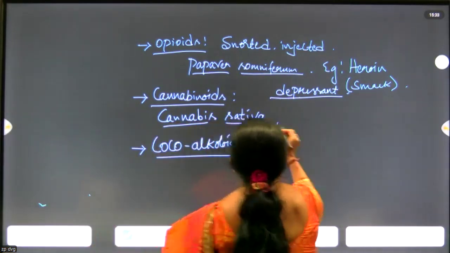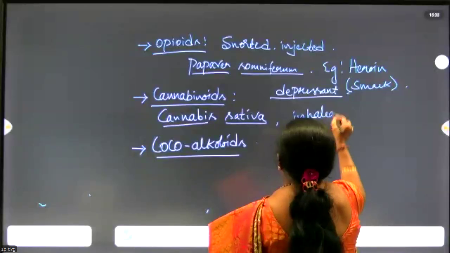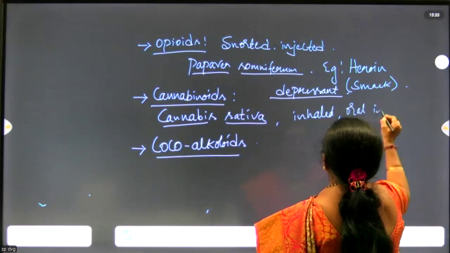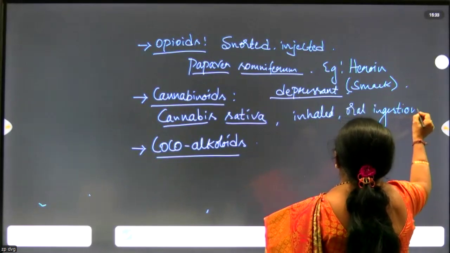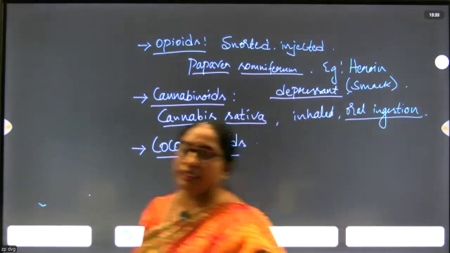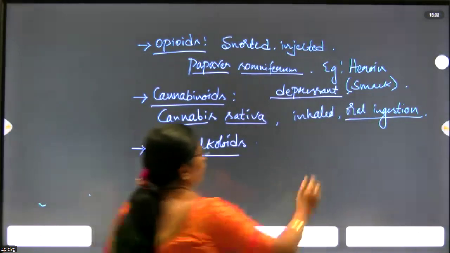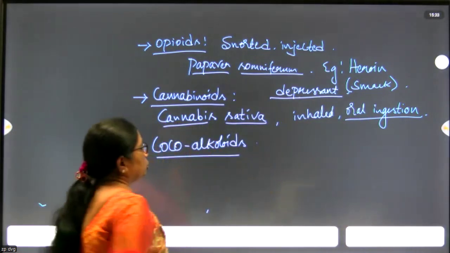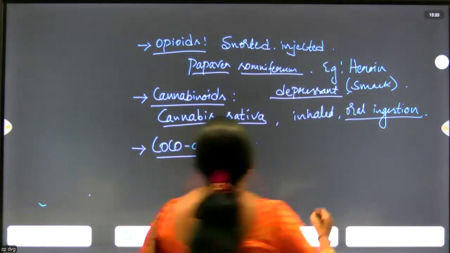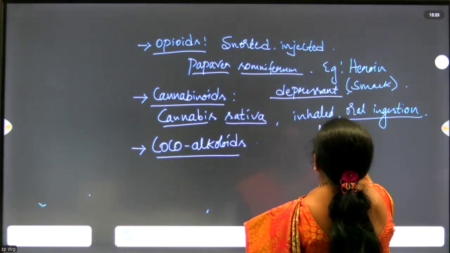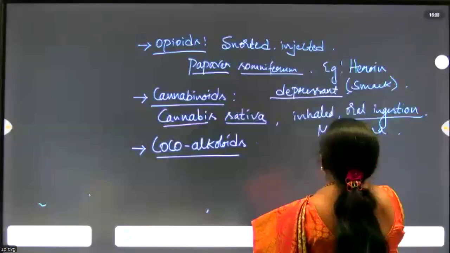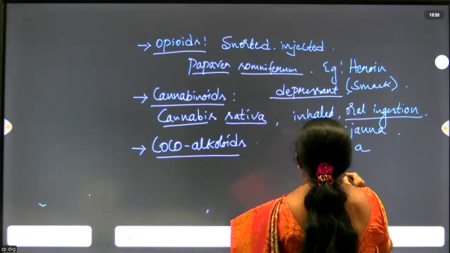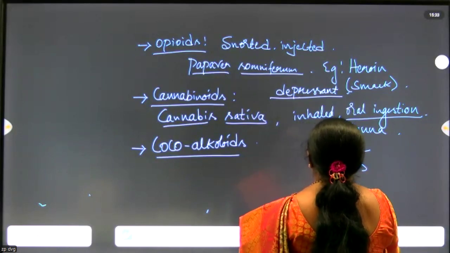These are usually inhaled, or they are orally ingested, that is taken through the mouth, either in the form of tablets or powder. The source plant is Cannabis sativa. Some examples of cannabinoids are marijuana, ganja, and also charas, hashish, etc.